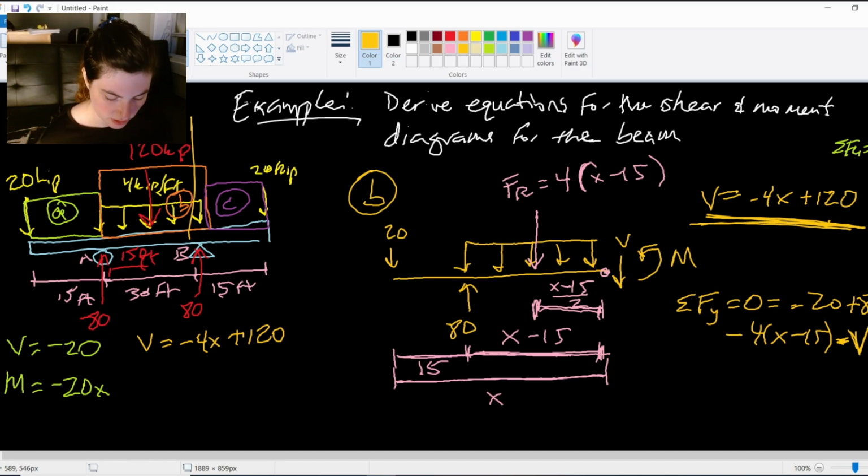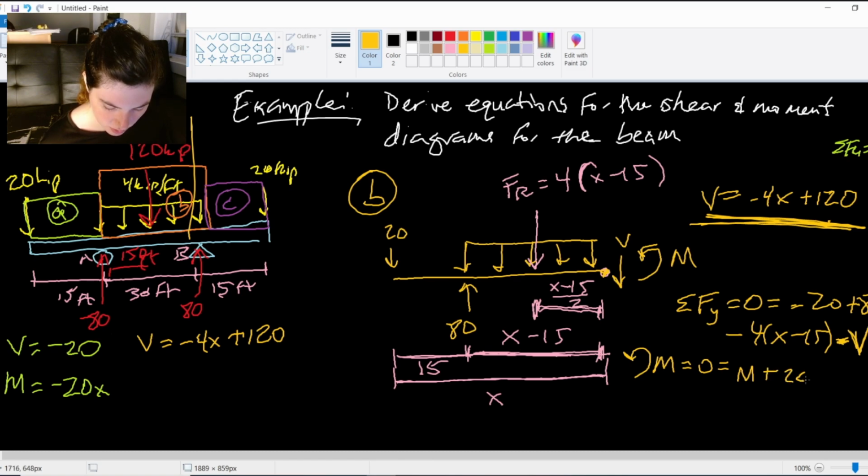Now our moment equilibrium equation, taking the moment again about that far right end point where we cut the beam. So that'll be our applied moment. Let's do our simpler ones first. Plus 20 times its distance away, which is just x, right? 20 is x distance away.